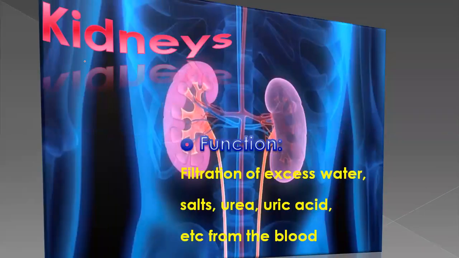Next we'll talk about kidneys, but we'll just take a brief look, because in the next lecture we are going to see it in detail. Kidneys are present on both sides of the vertebral column, at the back, and they have functions like filtration of excess water, salts, urea, uric acid, etc. from the blood.